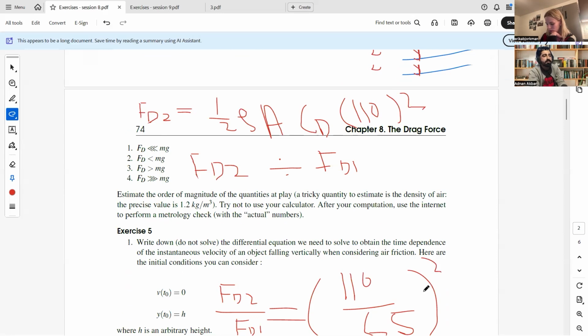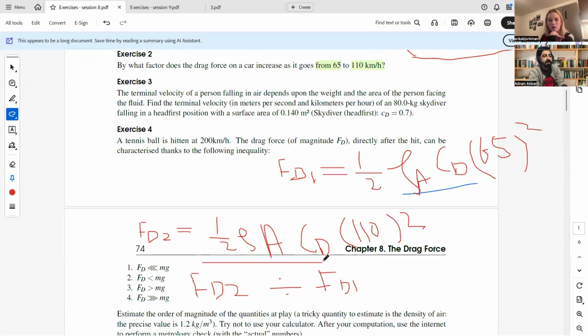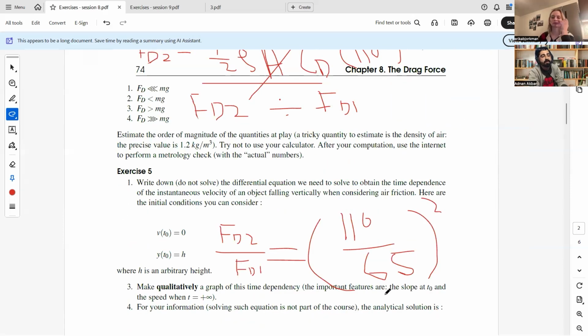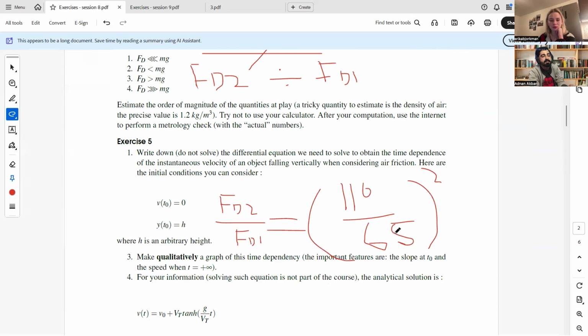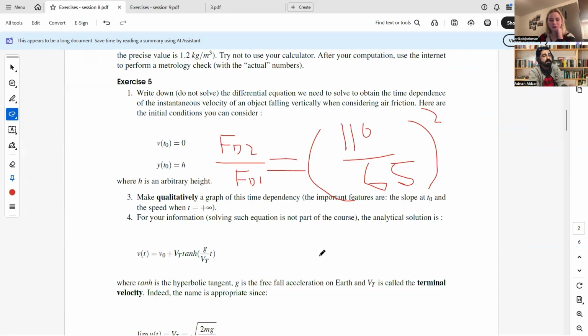So what we have done here, you can see this factor is similar in both cases. As a result of division, it will be cancelled. The only remaining value will be 110 over 65 that we have written. As both are in square form, we have written them in a single square, 110 over 65, which results in the value 2.864.